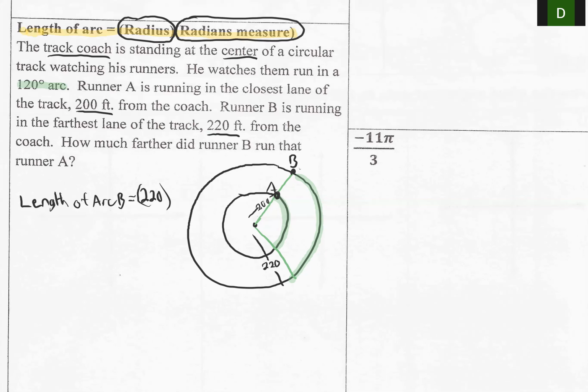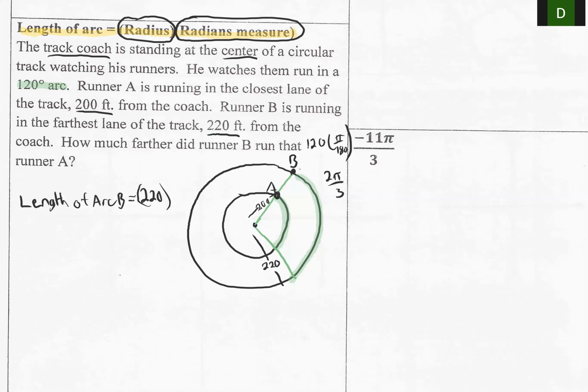The radian measure is going to be, I'm going to convert 120 degrees to radians. So it's 120 times pi over 180. When you reduce 120 over 180, it's 2/3, so this is 2 pi over 3.